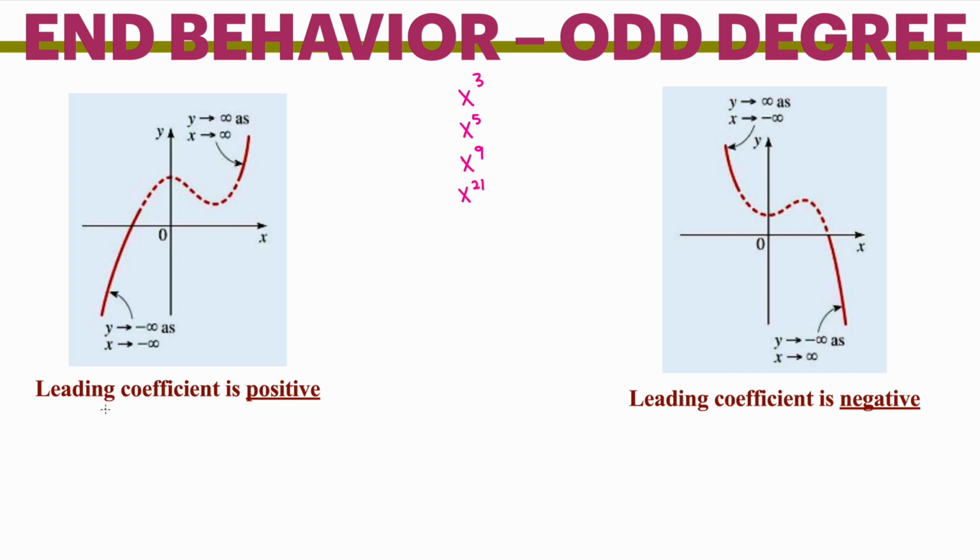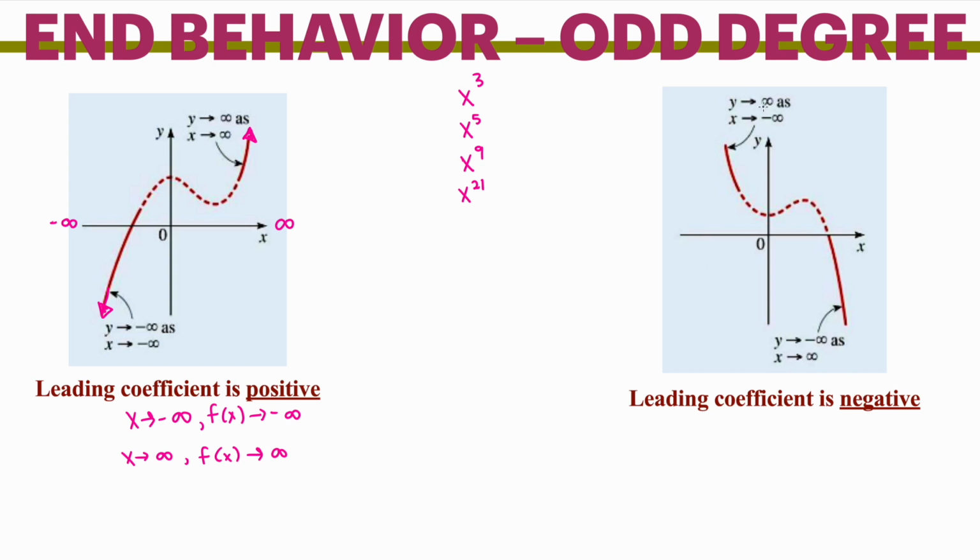If the leading coefficient is positive, as x heads to negative infinity, think negative infinity this way, this graph is heading down, which means the function is heading to negative infinity. As x is approaching infinity, which in this case would be the right-hand side, then the function is also approaching infinity. It is heading forever up.